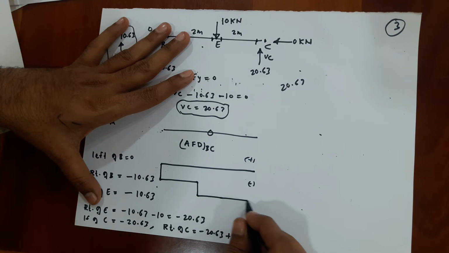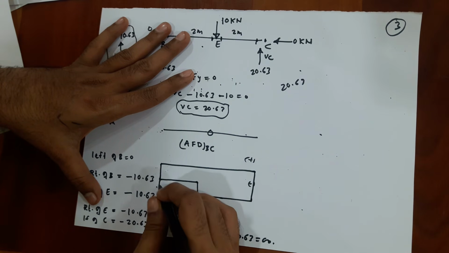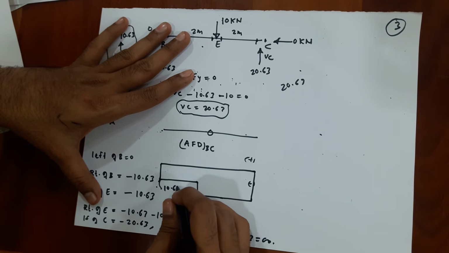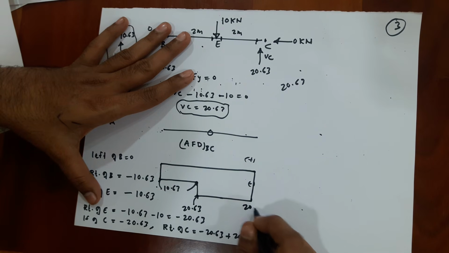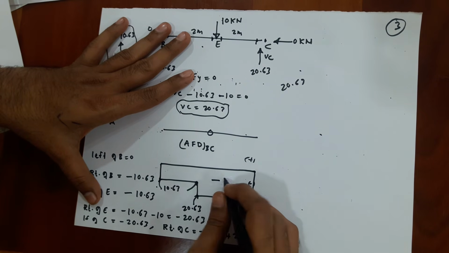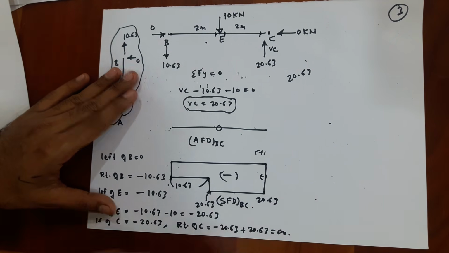Left of C minus 20.63. Right of C 0. So this is 10.63, this is also 10.63, this is 20.63, minus 20.63. This is the shear force diagram for member BC.